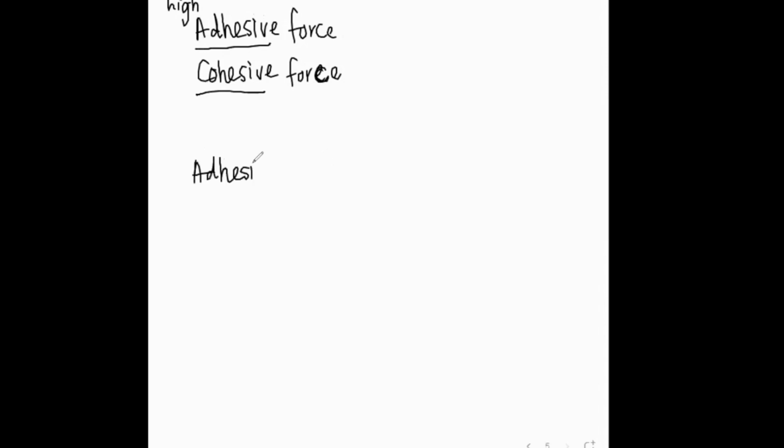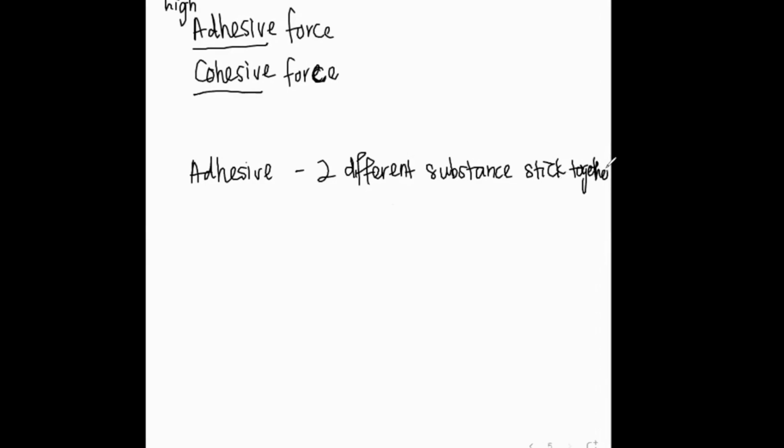Adhesive means two different substances stick together. 粘在一起. Cohesive means two same substances stick together. One is two different substances stick together, another one is two same substances stick together.